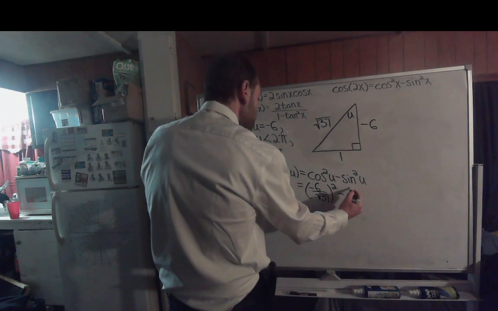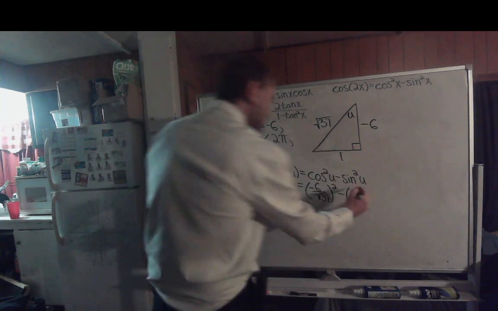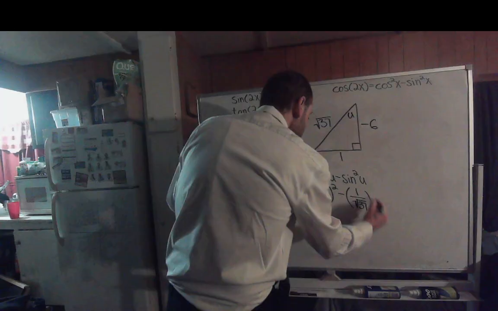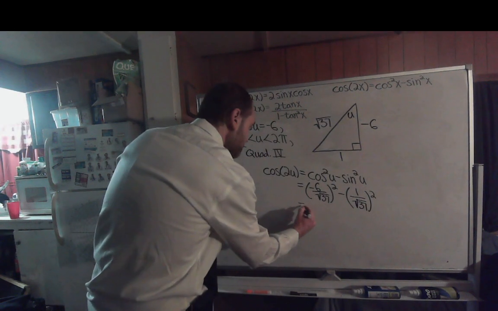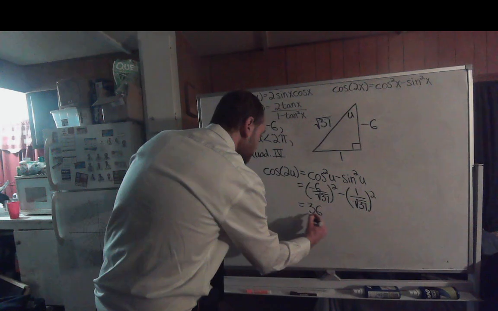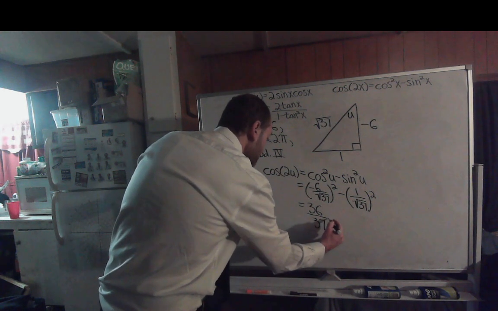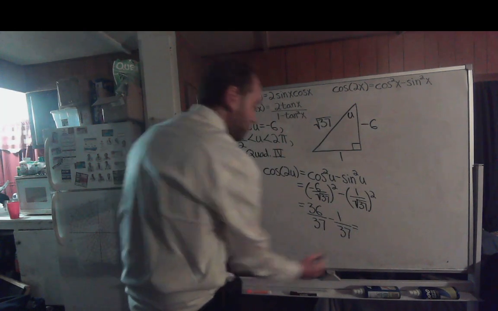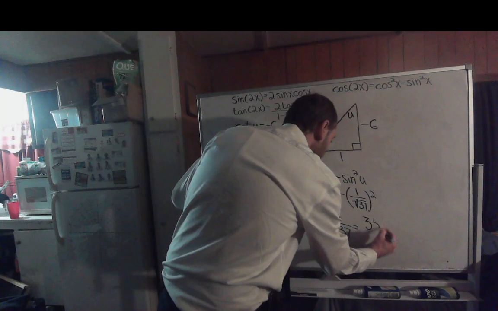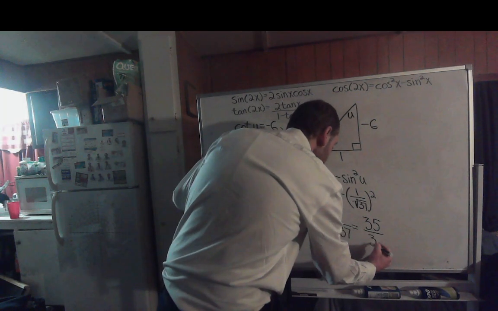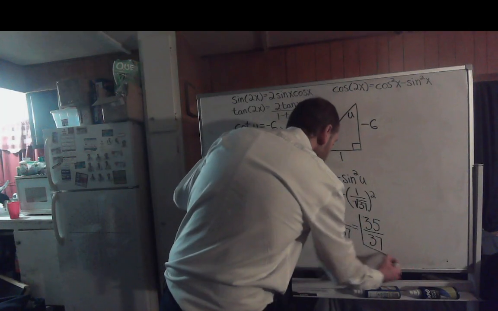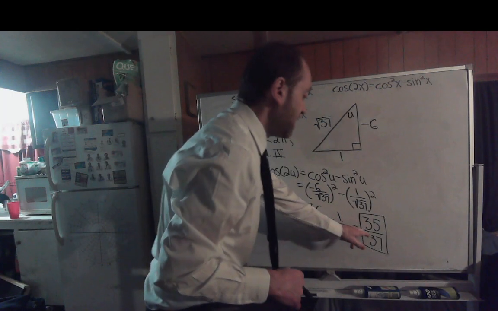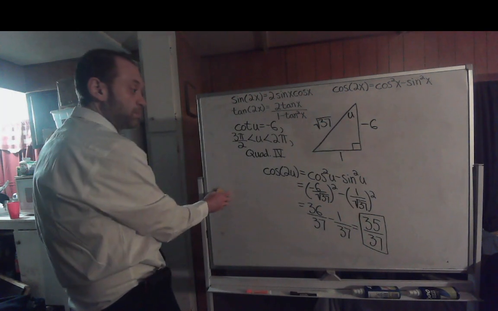Then minus what's the sine of u? That would be 1 over the square root of 37, but we also got to square that. So this would simplify into 36 over 37 minus 1 over 37, which should give you a value of 35/37. So the cosine of 2u ends up equaling 35 over 37.